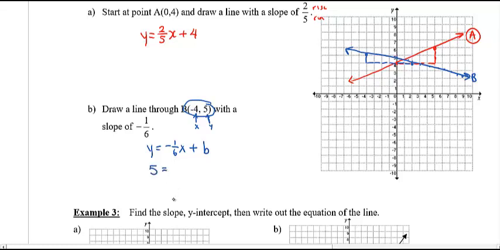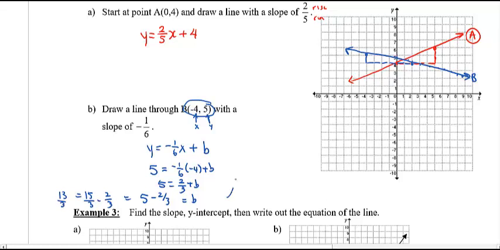So I'll replace y with 5 = -1/6 times -4 plus b. -1/6 times -4, that's 4/6 or 2/3. And then now I have to solve for b, so b just equals 5 minus 2/3, common fraction. So 15/3 minus 2/3, that equals 13/3.